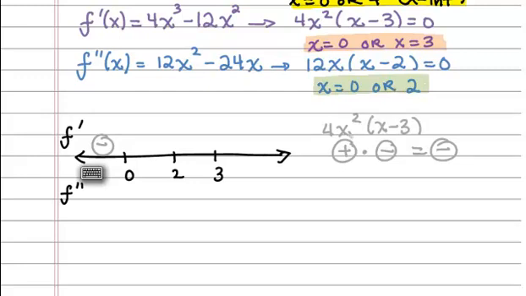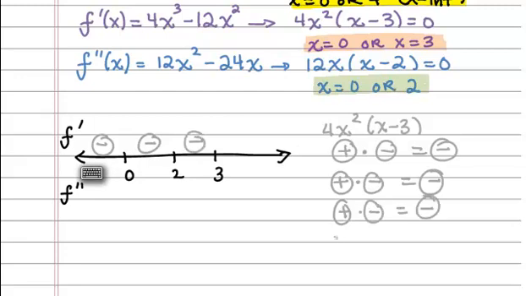Now, plug in a number between 0 and 2, so let's plug in 1. Now, 4x squared is always positive. If I plug in 1 into the second parenthesis, I get a negative, so a positive times a negative is a negative. Plug in a number between 2 and 3, like 2.5, would give me a positive times a 2.5 minus 3 would give me a negative. Therefore, in that region, the overall first derivative is negative.